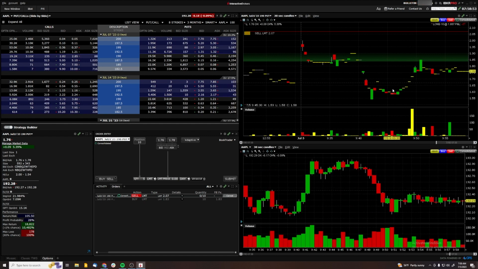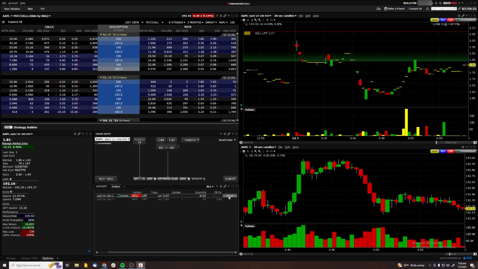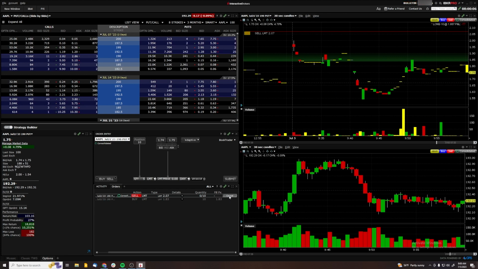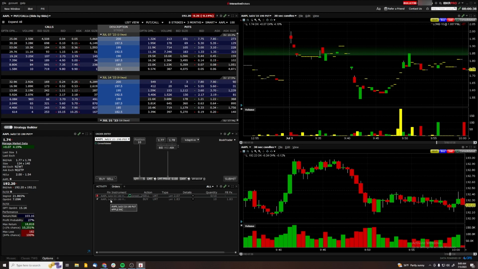The reason I didn't do that is because I was specifically recording a video talking about how to exit an option position, and just for the sake of keeping those order types the same, for clarity, I went ahead and just did that as a limit order. But the better way to do that is to set this up as a stop limit order.